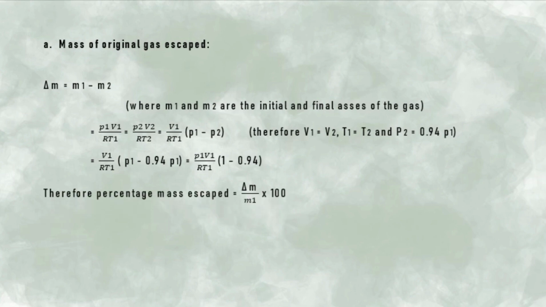Therefore, the percentage mass escaped is change in mass over m sub 1 times 100, and we have 6% as our answer.